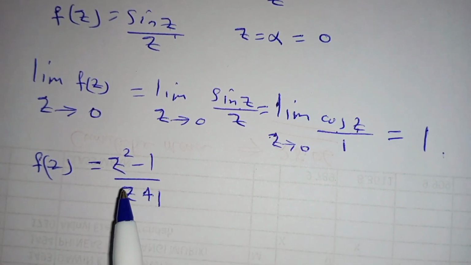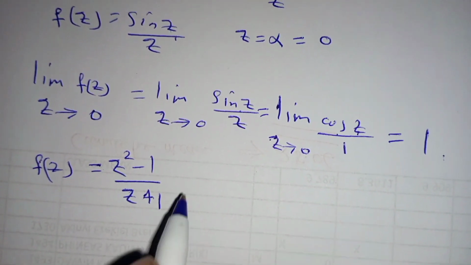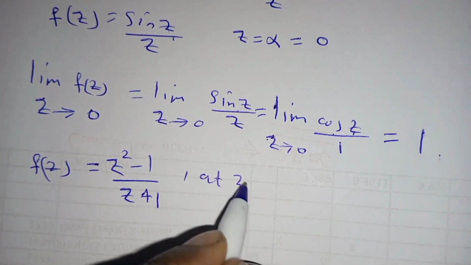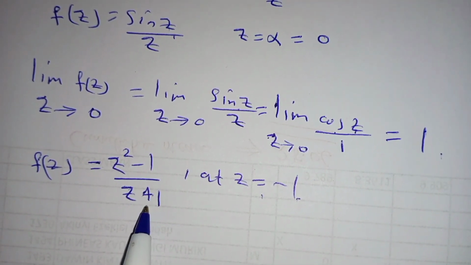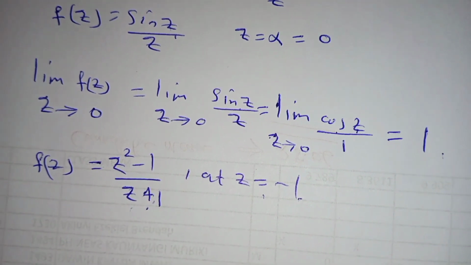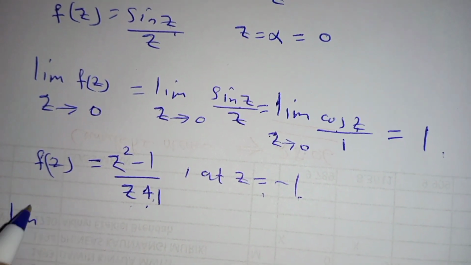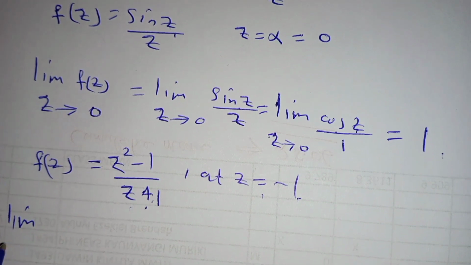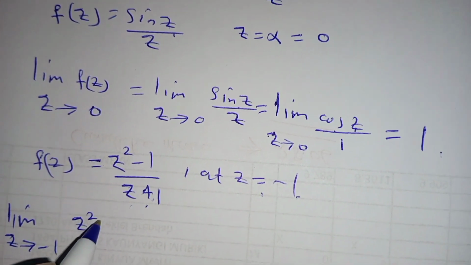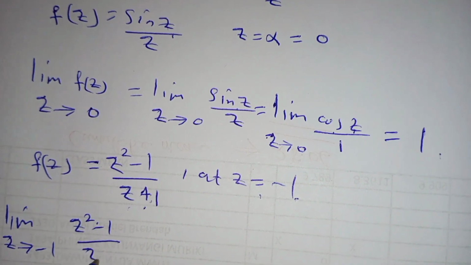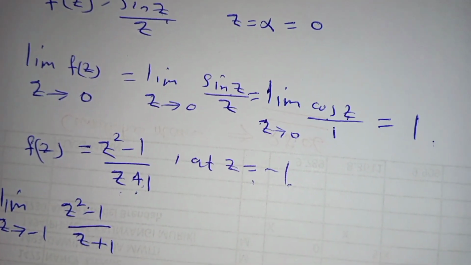We have to show that, of course, z is equal to -1 is a singularity, because when you substitute z with -1, the denominator will be 0. But now take the limit as z tends to -1 of z squared minus 1 over z plus 1.